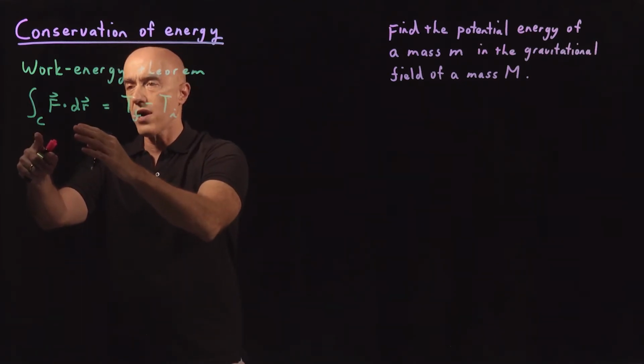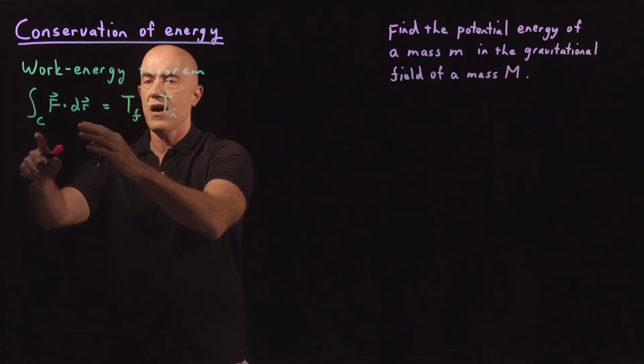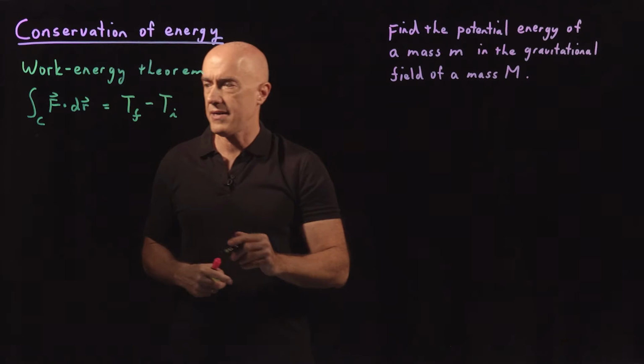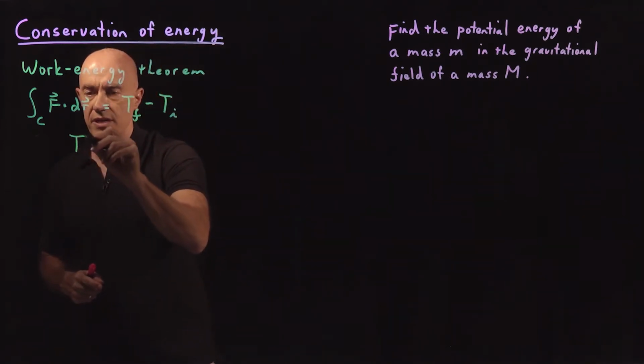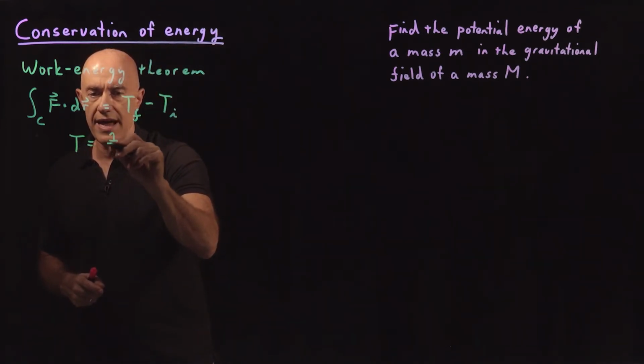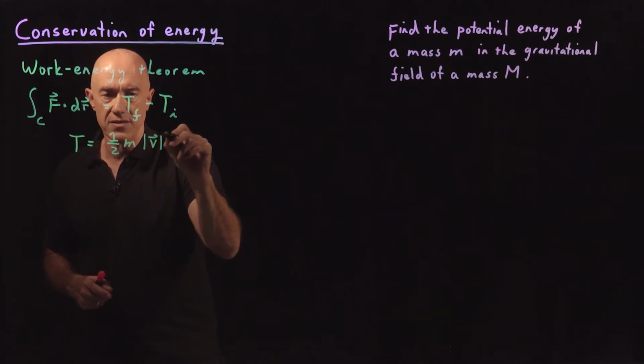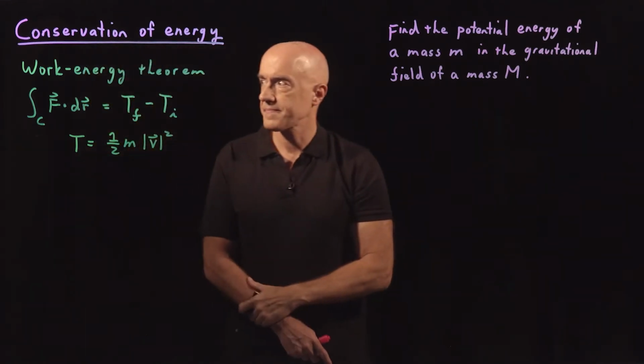So this is the work done by a force on the mass imparts energy to the mass, where the kinetic energy of the mass is 1/2 m times the speed of the mass squared. Okay?